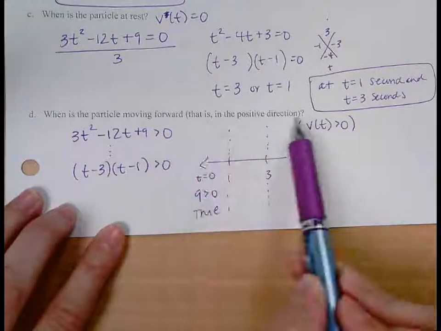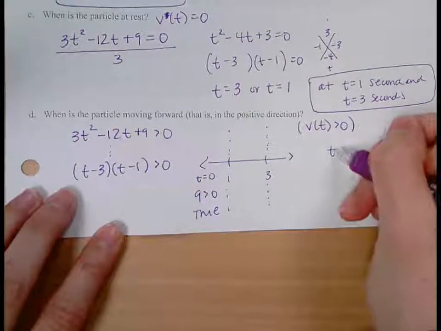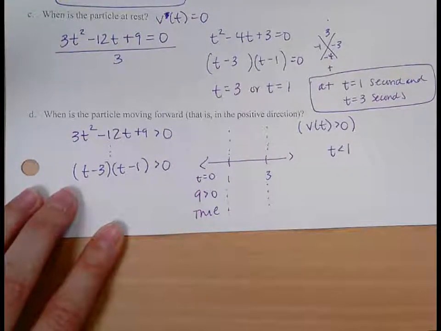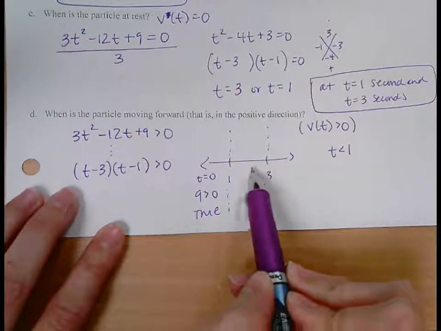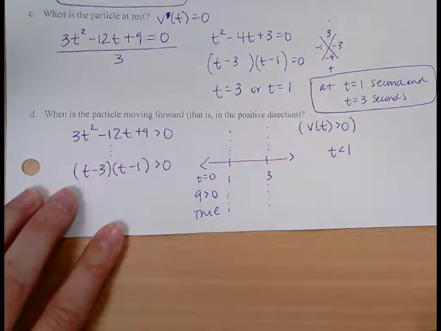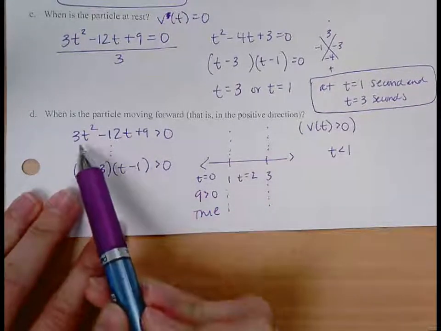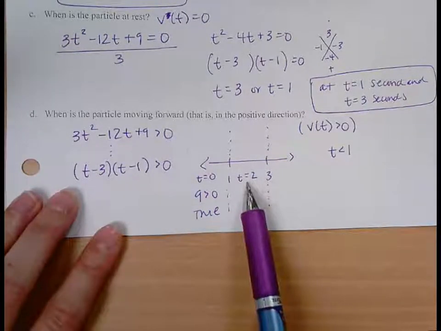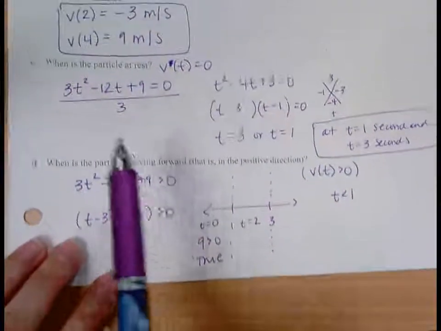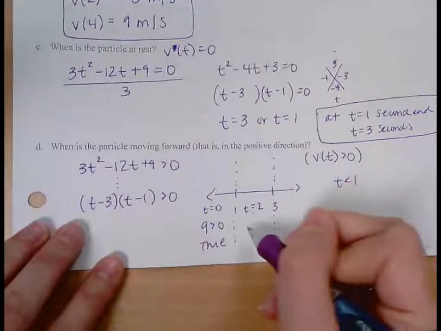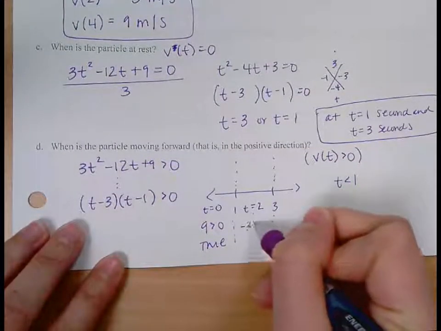So we're moving in the positive direction when t is less than 1. And then I could test a value that's in between 1 and 3. You could test 2. We actually already found this value up here. It was -3. So -3 is greater than 0.